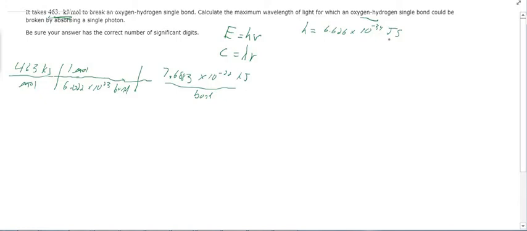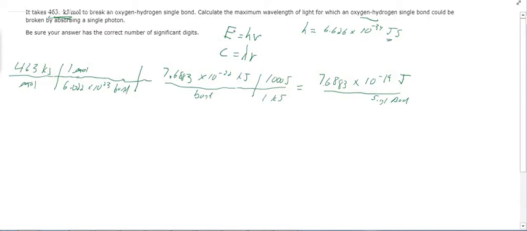Because Planck's constant is in joules, let's get that into joules. I know that in 1 kilojoule there are 1,000 joules, and so when I calculate that, I get 7.6883 times 10 to the minus 19th joules to break that single bond.